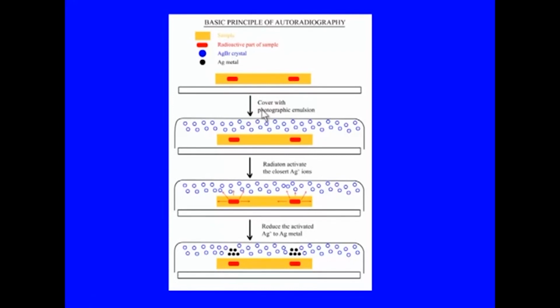You have covered this sample with radioisotope with nuclear or photographic emulsion, and as the radioactive source emits radiation or particles, like say beta particles, they will interact with these grains, shown as round grains here. Once they interact, the grains are activated on exposure, and they are sensitive, meaning they are ready to be developed, and then when you develop, the blackening of the film is seen in here.